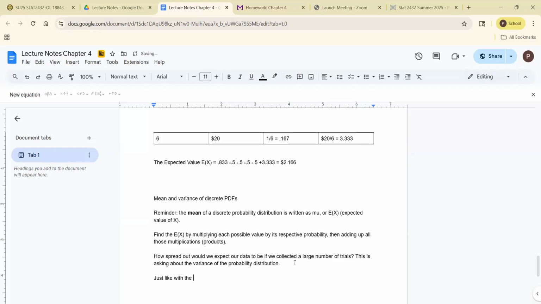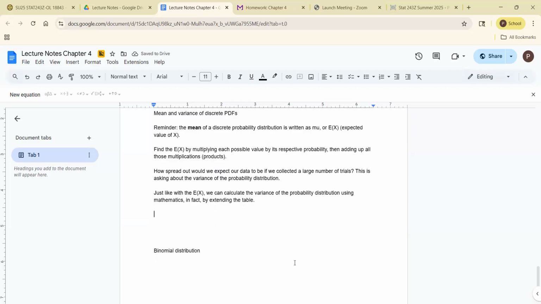So just like with the expected value, we can calculate the variance of the probability distribution using mathematics, in fact, by extending the table. So in case it wasn't clear from the last video, pro tip, using a table is super helpful for understanding a discrete probability distribution.